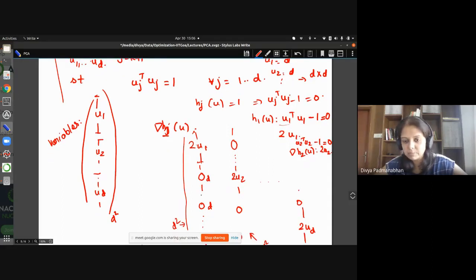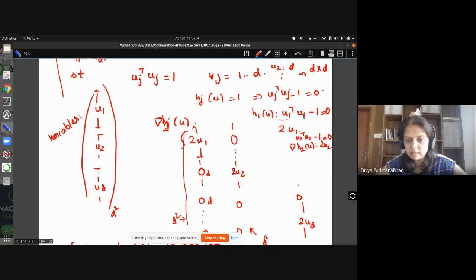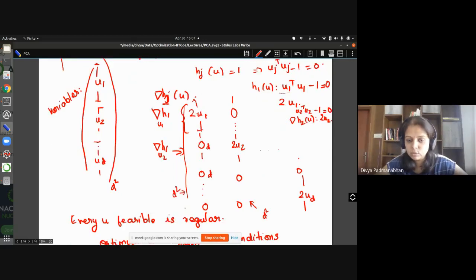Let me write it clearly: the gradient of h1 with respect to u1, where u1 is a vector, then the gradient of the first constraint with respect to u2, and the last one is the gradient of h1 with respect to ud.